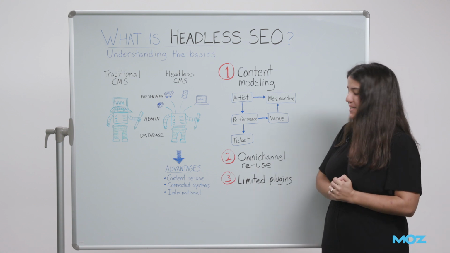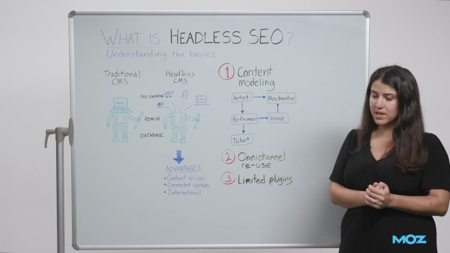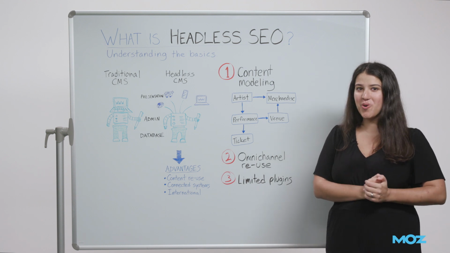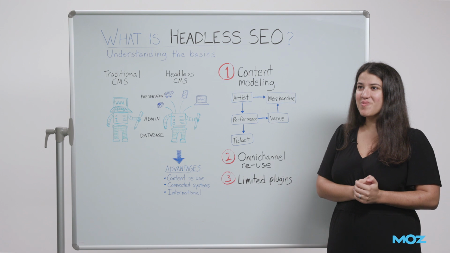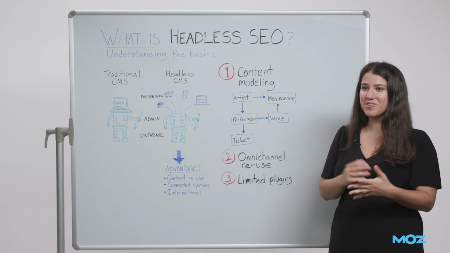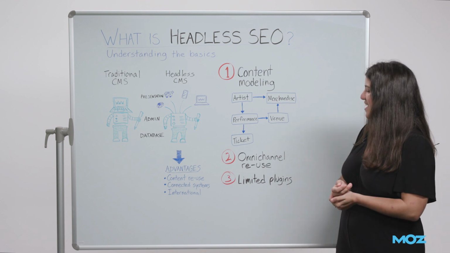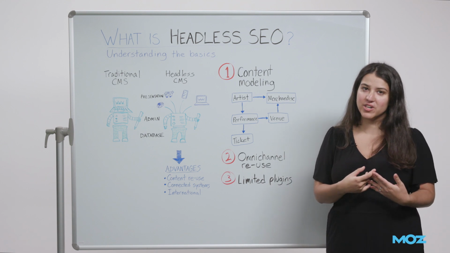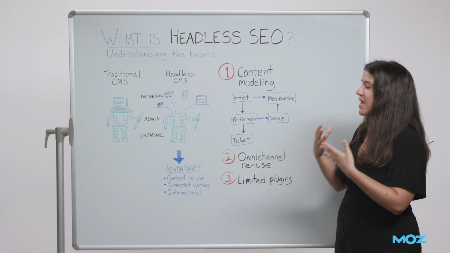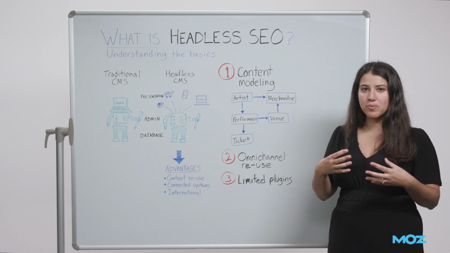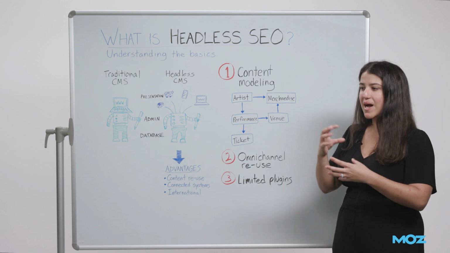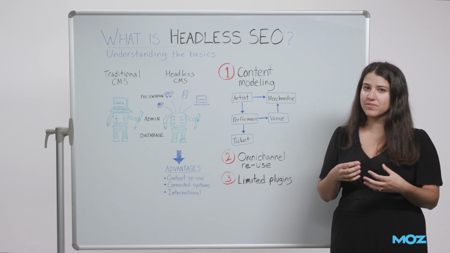And last but not least, you have a limited amount of plugins. I believe we've all been very happily working away on our WordPress sites using Yoast or similar plugins that did a lot of the heavy lifting for us. Now, with headless SEO, we're not working with plugins that are supposed to add capabilities that the CMS didn't have already.